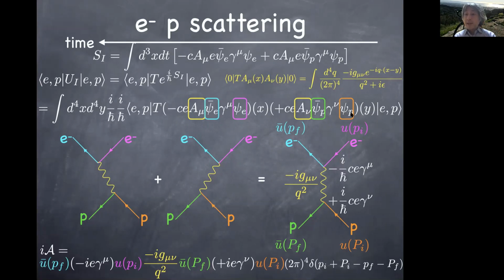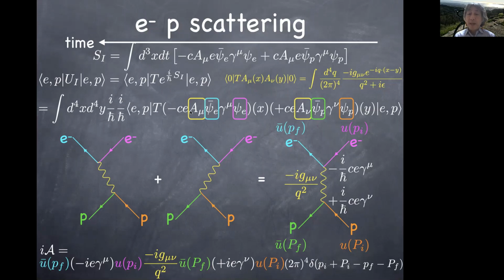I use the annihilation operator to annihilate the electron initial state, so what remains of psi is this positive energy solution. The same way here, the positive energy solution with a bar on it for the electron.